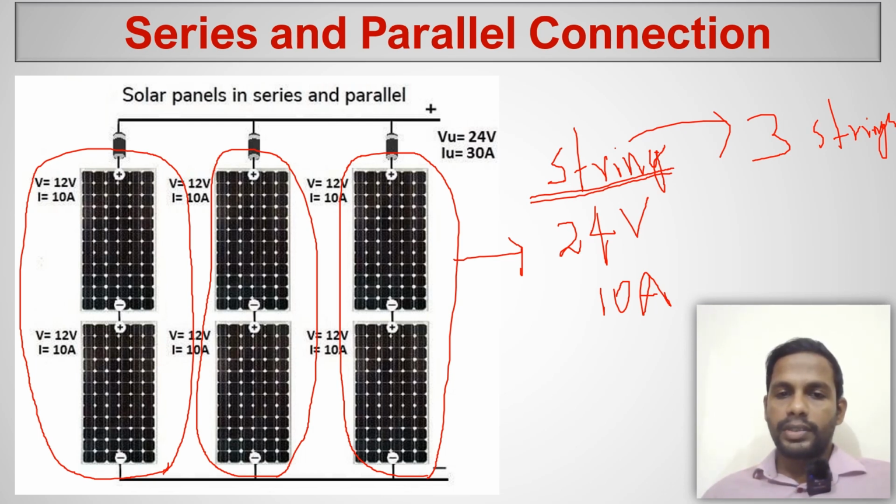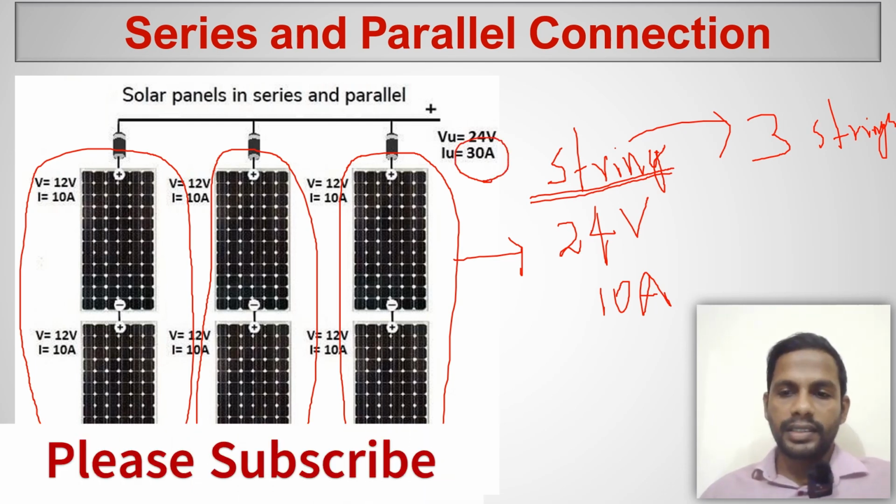The total output from this string is 24 volts, but the current of 10 amperes is the same. So when you have three strings connected in parallel, voltage is the same, but the current is multiplied by 3, it becomes 30.